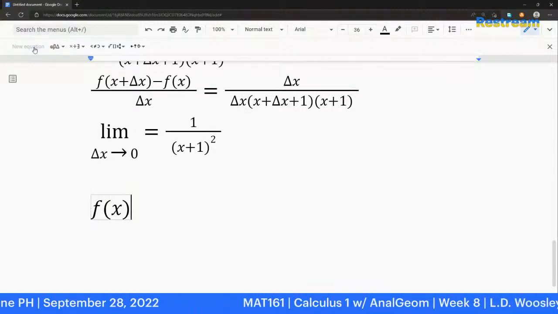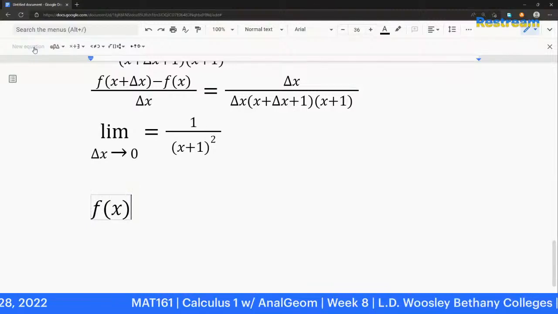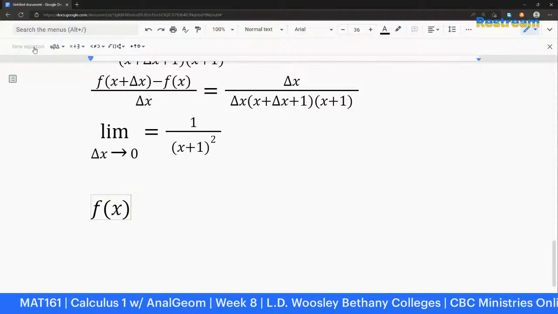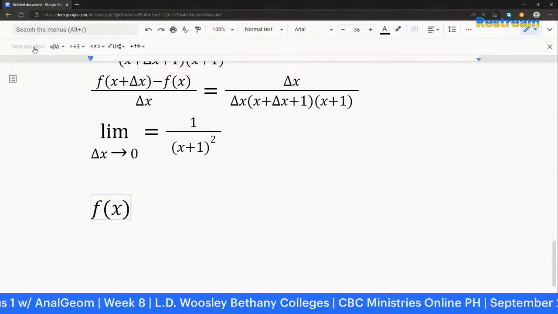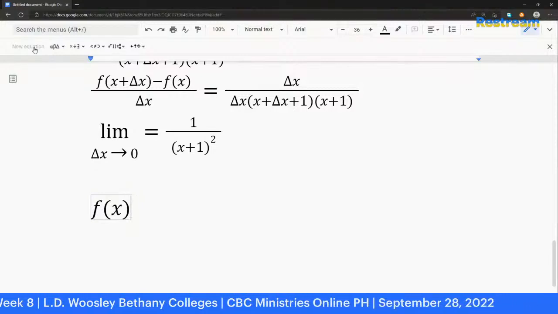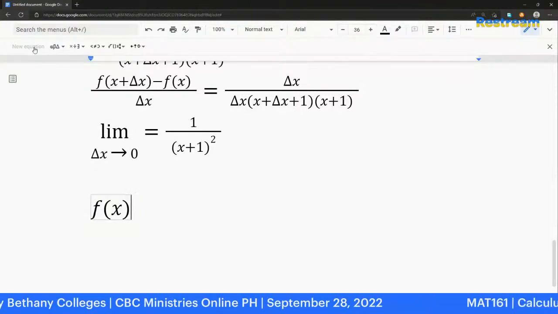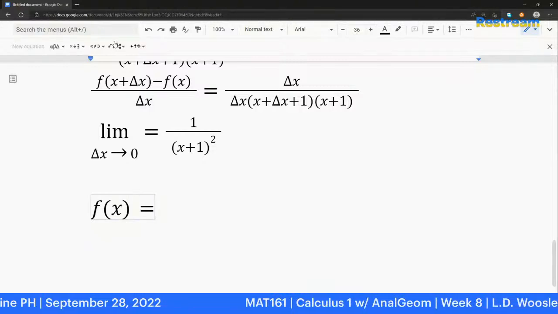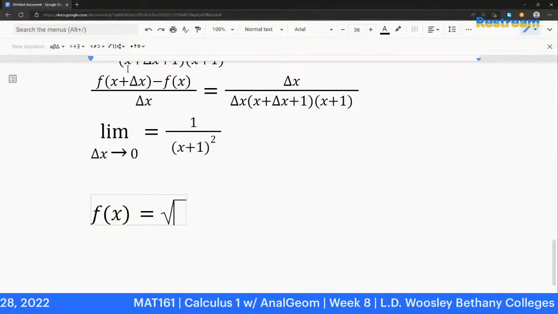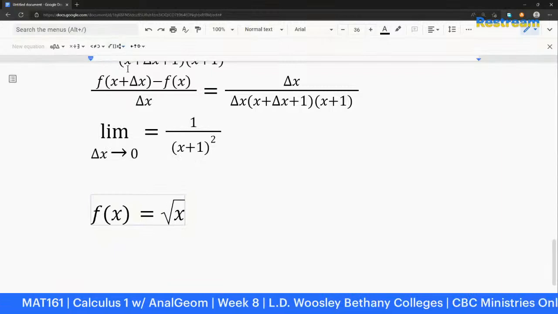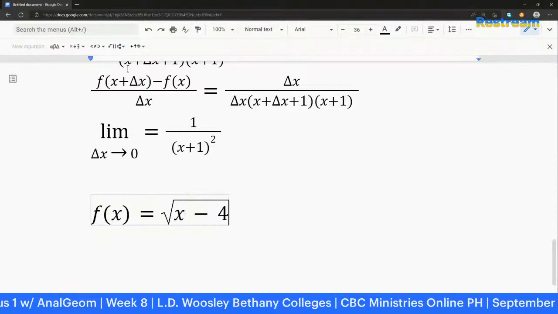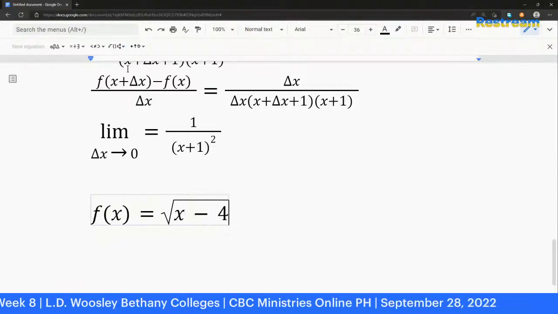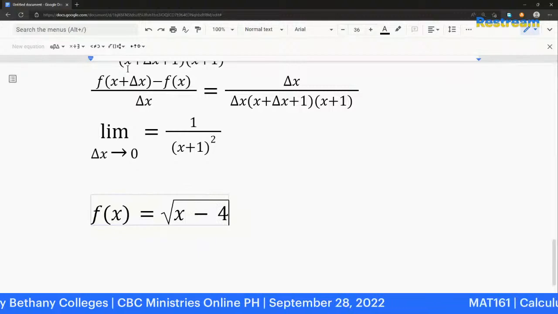So, para ma-practice kayo, guys. Kasi eventually sa derivative, masasanay kayo. Dito pa lang sa functions and limits, sinasanay na natin kayo. Alright? So, here we go. Simple lang naman yung tanong. Go.